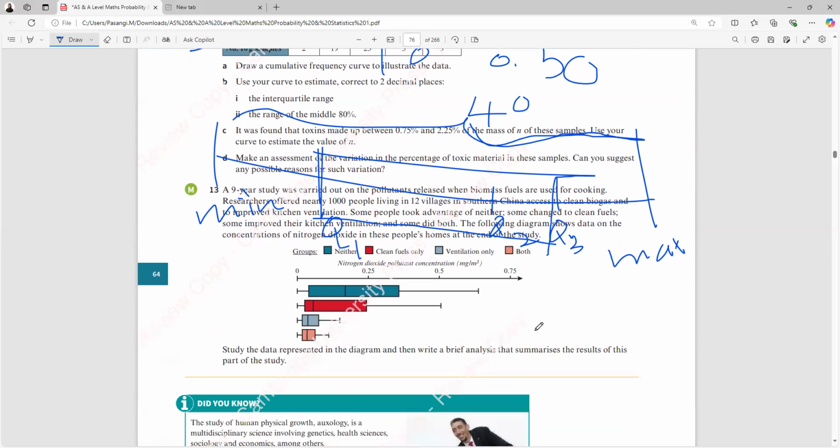Did you draw the cumulative frequency? Can you send it to me so that I'll take it and then explain? Okay, give me a second. Okay, no problem.